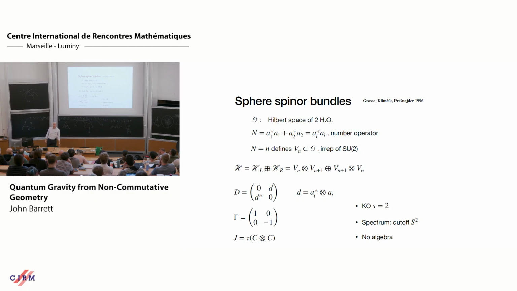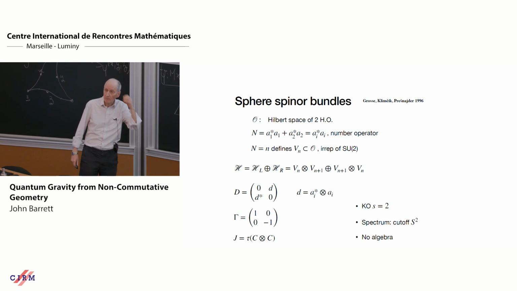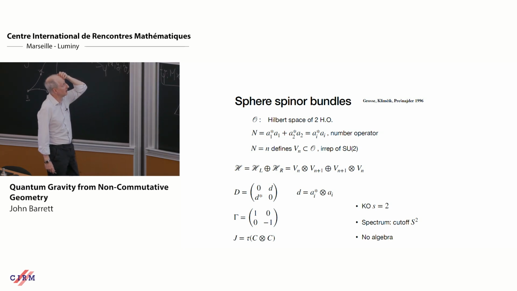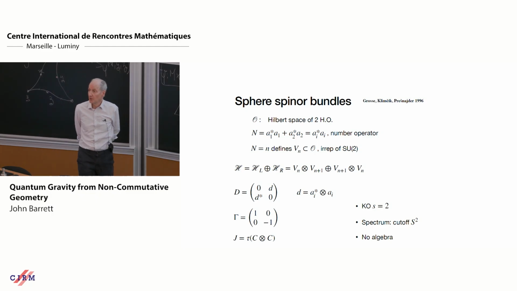Okay, so now I'm off on my sort of deviation track a little bit, but I think that's important. I want to talk about the spinor bundles. So this is a construction due to Grosse, Klimcik, and Presnajder in '96. So you start off with a Hilbert space of 2 harmonic oscillators.